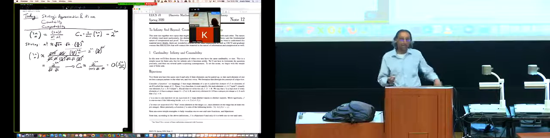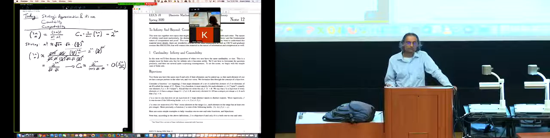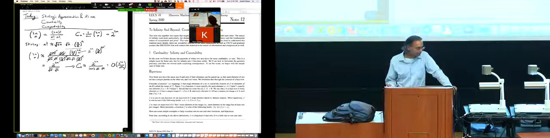So this is an example of how we can use Stirling's approximation to understand how big a particular count is.